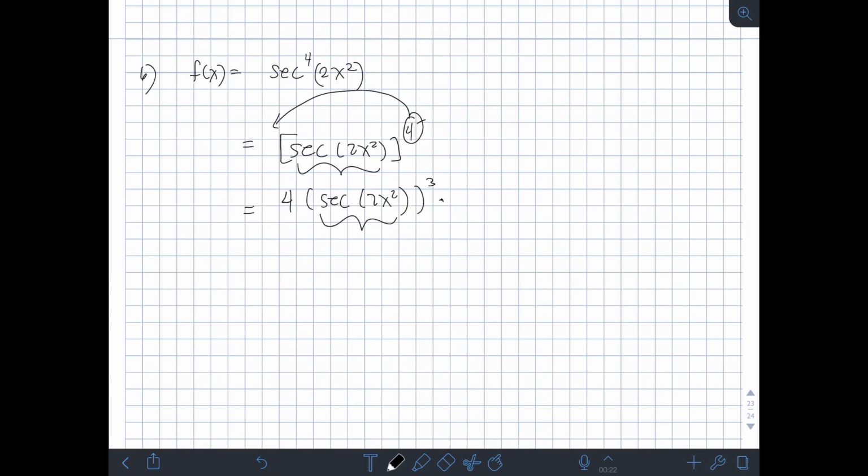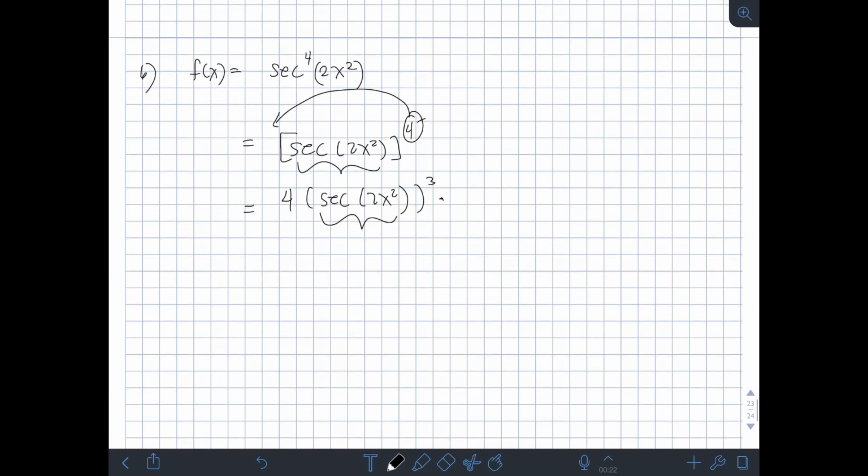So, kanina, di ba kapag meron tayong trigonometric function, tapos yung angle niya sa loob is a function of x, chain rule uli yun, right? So, therefore, chain rule uli yung apply natin. So, derivative muna natin yung, this time, ano yung considered outside? Yung secant. So, yung derivative ng secant x tan x, right? So, parang secant, kopyahin natin yung mismong angle na 2x squared times tan.